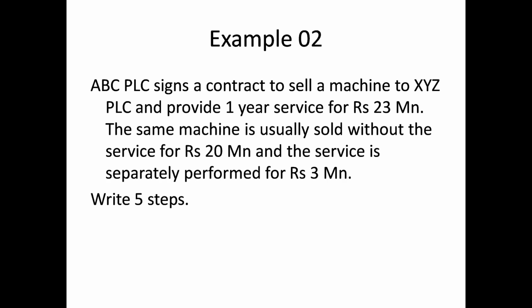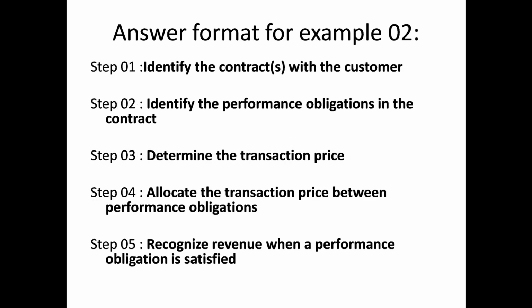Now take 3 minutes and write down all 5 steps of the revenue model. Now you can see that my answer format is ready. I have written all 5 steps and I have kept some space under each step to write the answer. Now we are going to write down all answers for this revenue model.